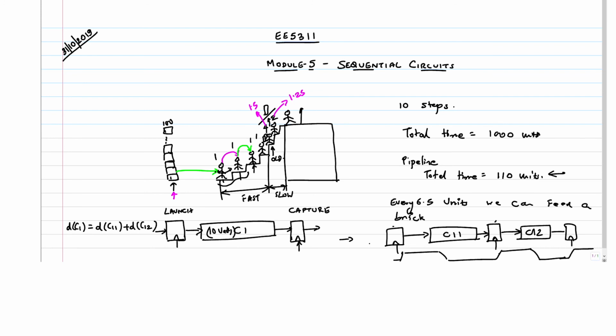And therefore, it has to be simply the max of delay of C11 and C12 that will determine what this clock frequency is, right? So this frequency has to accommodate C11, plus some overhead, and C12 as well. So therefore, if you accommodate it to the maximum delay, it will accommodate the minimum delay as well. Okay.